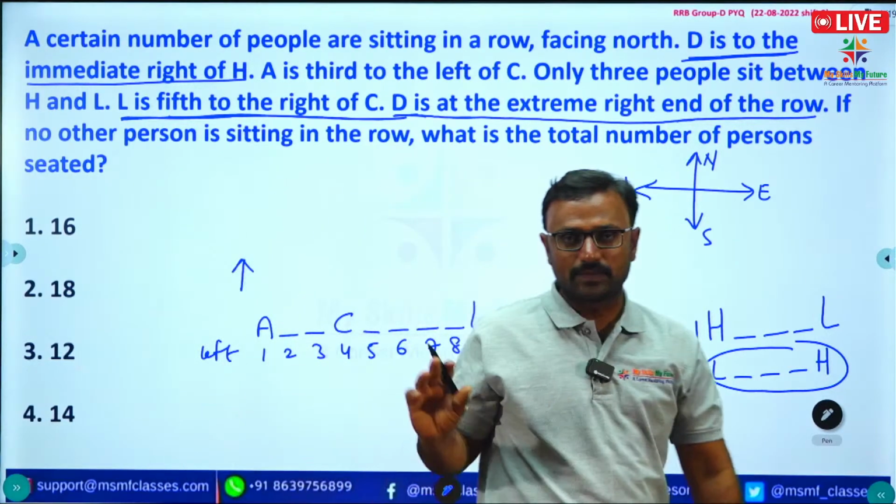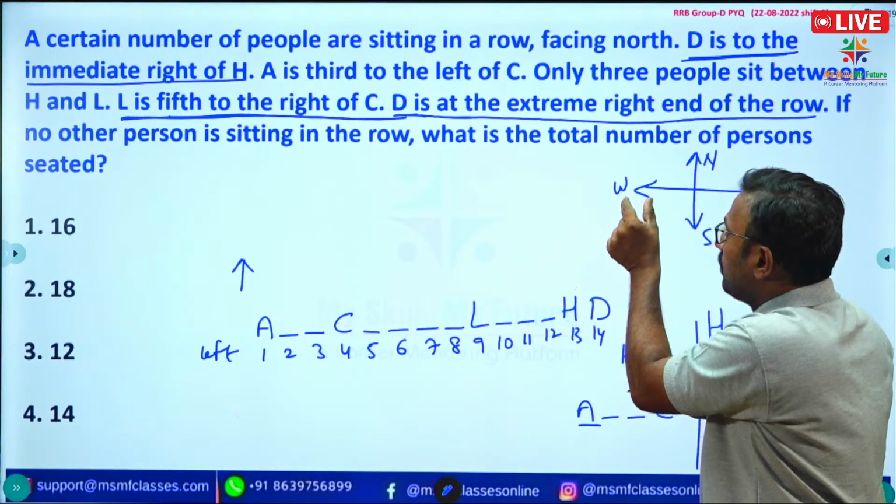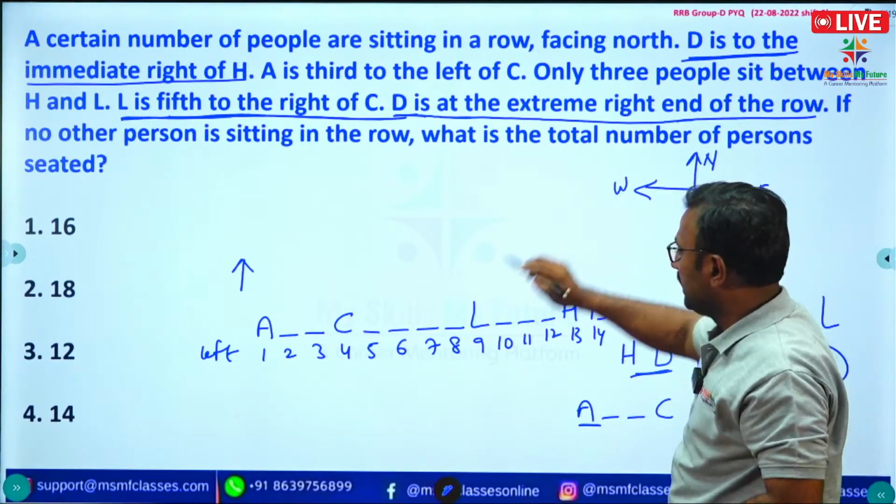So once again I will explain this question. See carefully. A certain number of people are sitting in a row facing north.